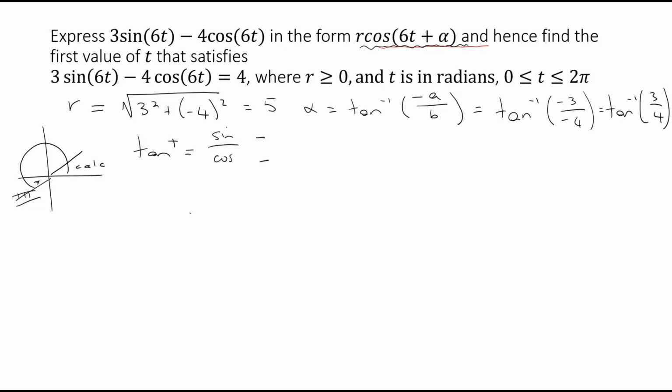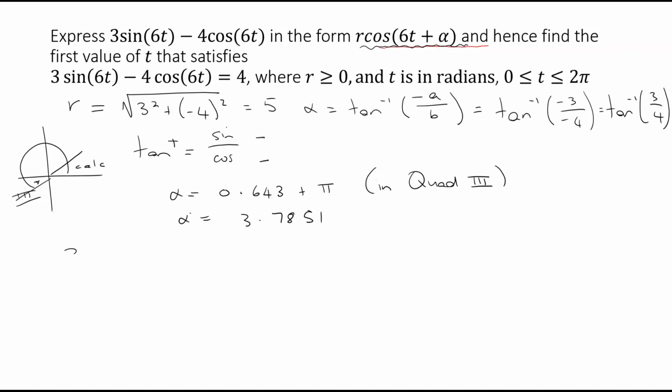So use your calculator, and then alpha will equal, on your calculator, it comes up as 0.643, which is fine for quadrant 1, but we need it to be in quadrant 3, so we have to add pi to get it into quadrant 3. Okay, that means then that alpha is equal to 3.7851.